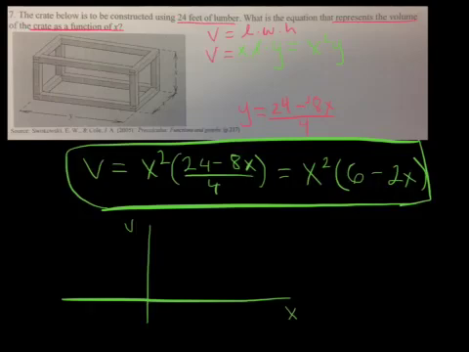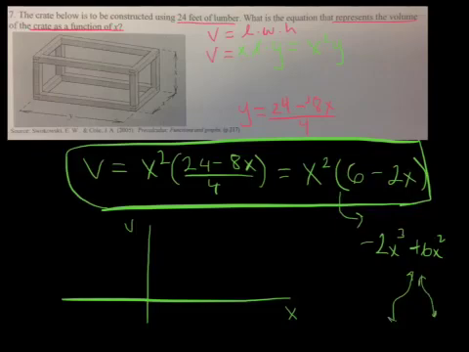At least I should. Now it's important to note here that if I were to multiply this out, I would get negative 2x cubed plus 6x squared. So here, the negative out front means that instead of my function looking like that, it's going to look like this.